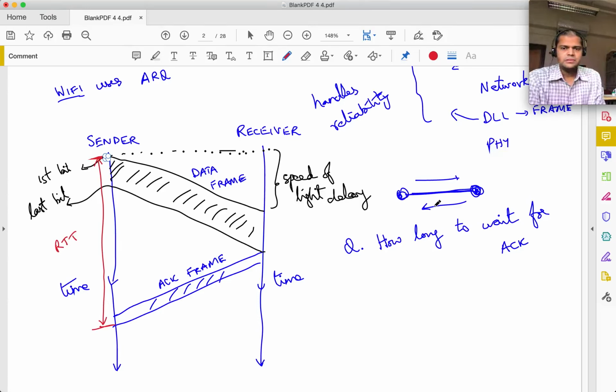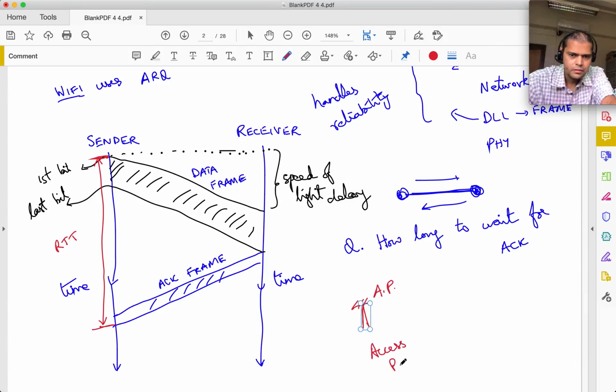So in a Wi-Fi system, you might think, what should the standard set this round trip time to be? In Wi-Fi systems, let's say you have an access point, and you have your mobile or your laptop and so on.